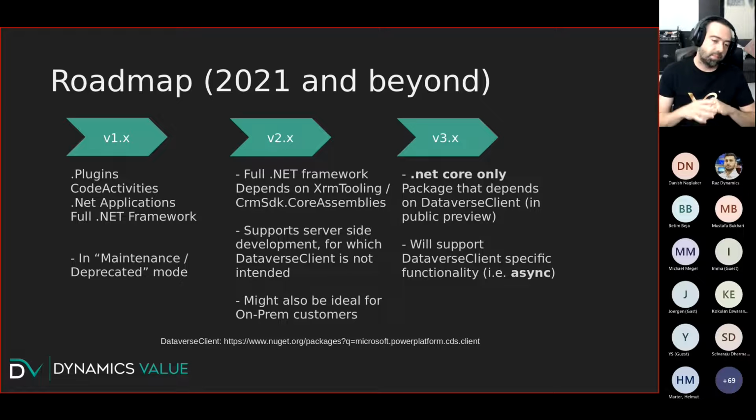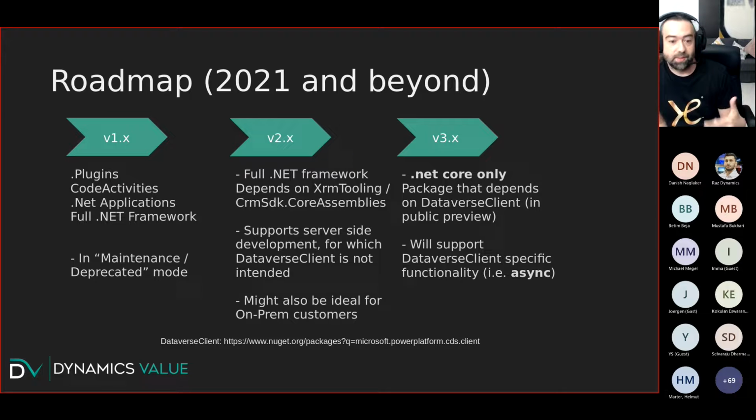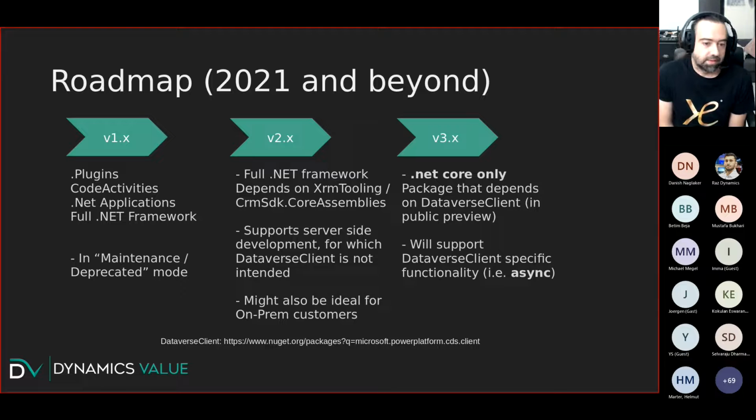So my idea was to release version 2, but when Microsoft announced the CDS Service Client back in February 2020, I tried that version almost a week after, and it was working really well. To be honest, I was surprised.